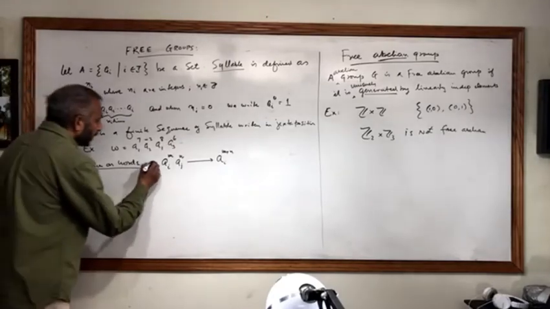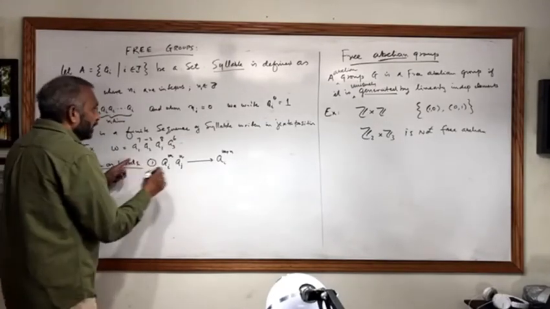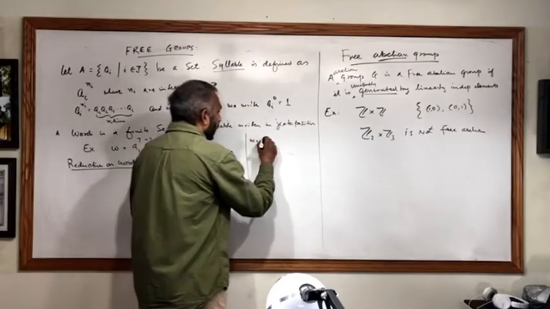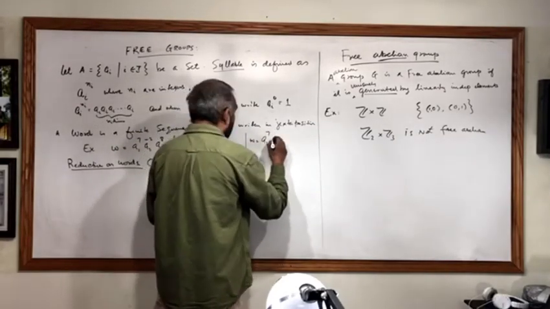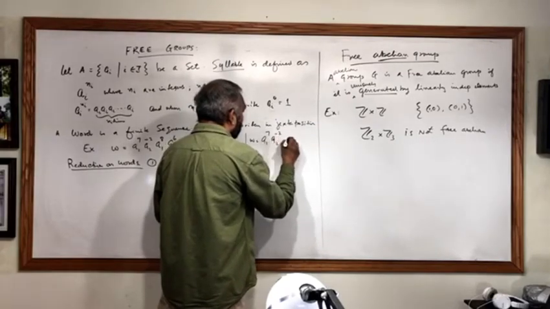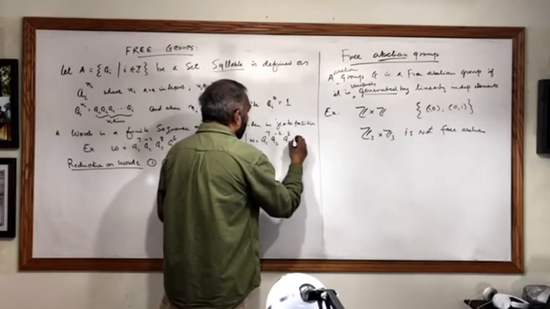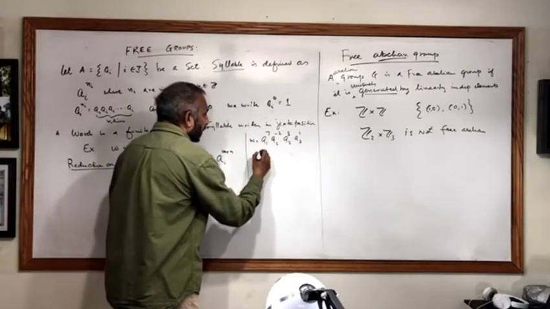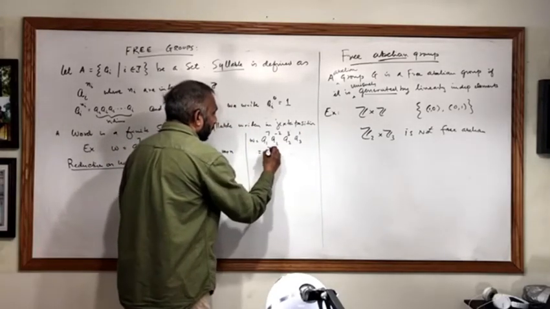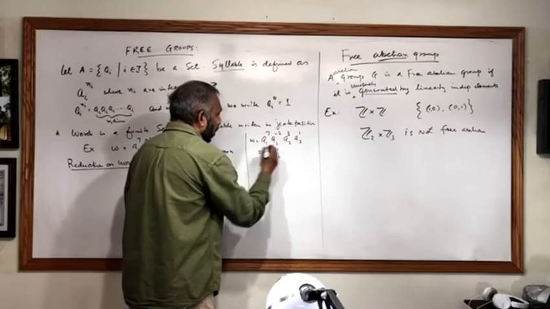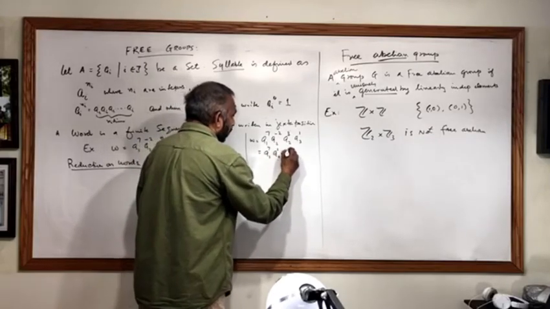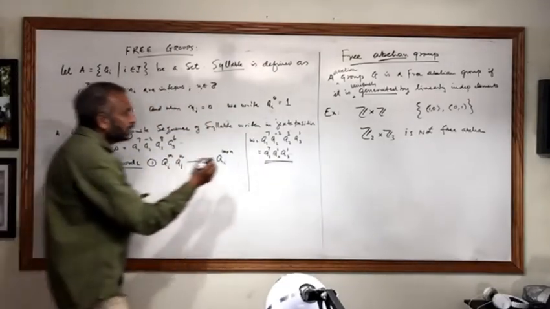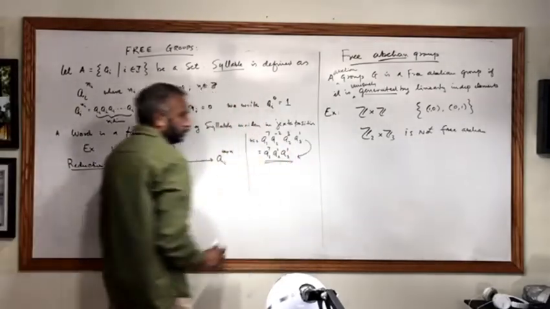That is one reduction. So in case you have a word like a1^7, a2^-2, a2^3, a3^1, you can write it as a1^7, a2^1, a3^1. We are reducing this word to this.